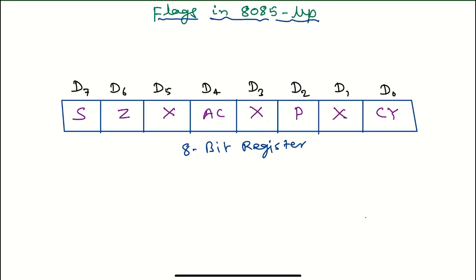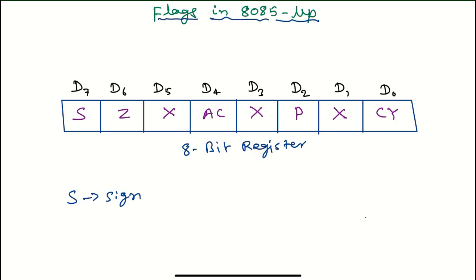Here the first of the 5 flags is called the sign flag, S, which is taken as D7. Whenever we perform an operation with a signed number, then as per the result, if the MSB bit D7 is 1, the sign flag will be updated to 1, and that result will be considered a negative number.